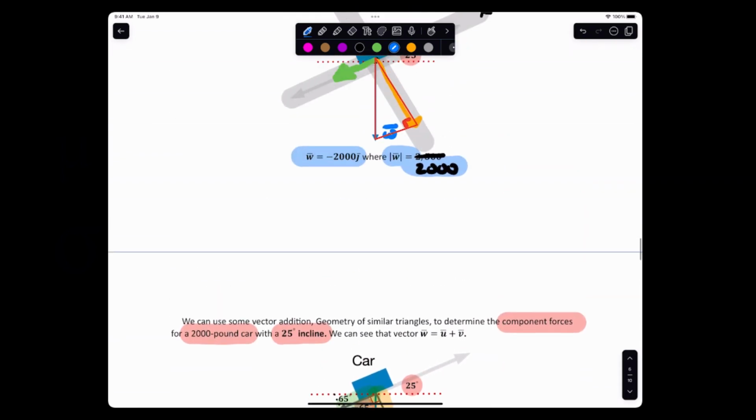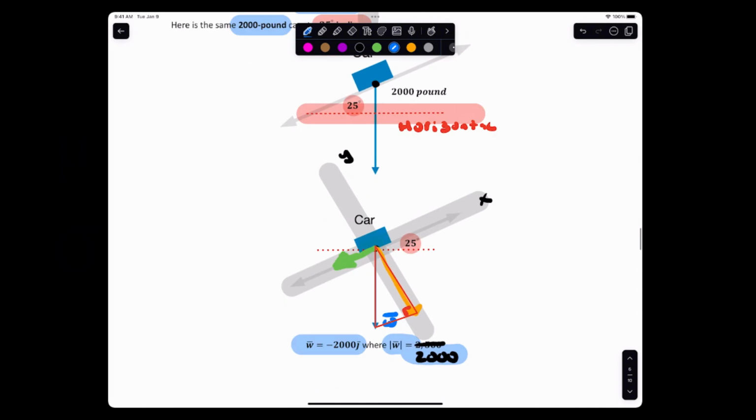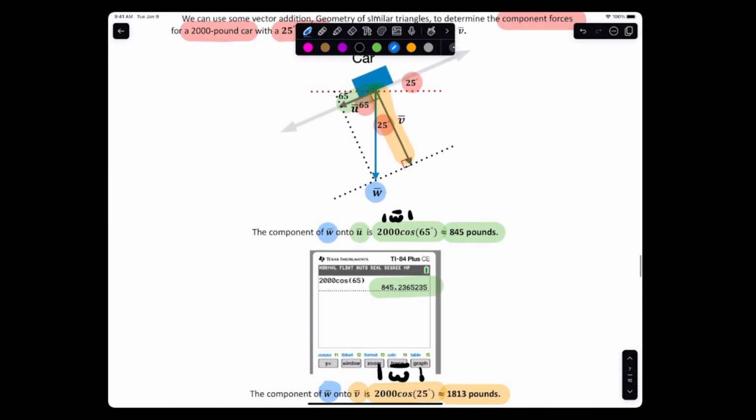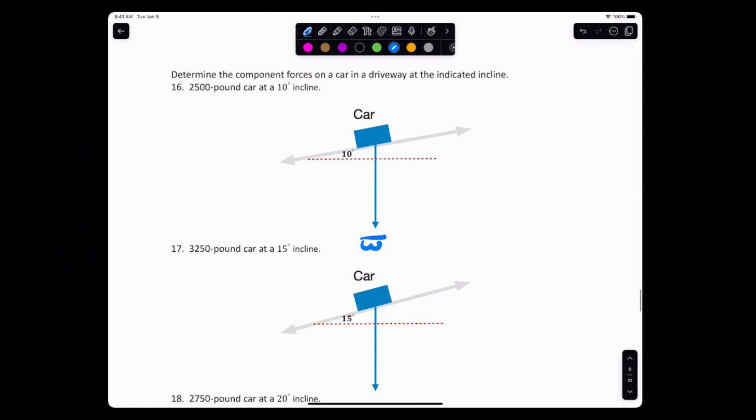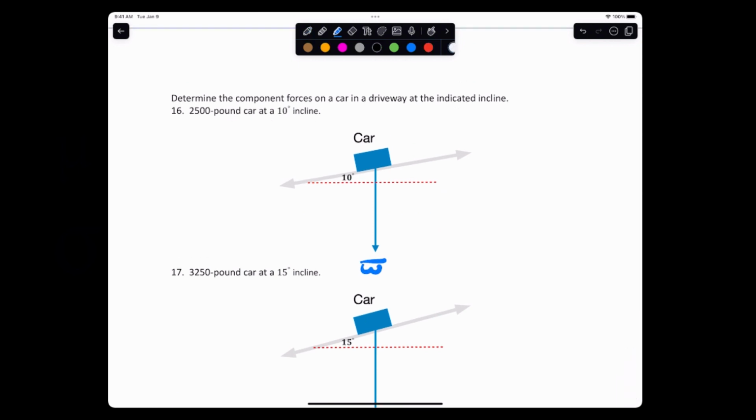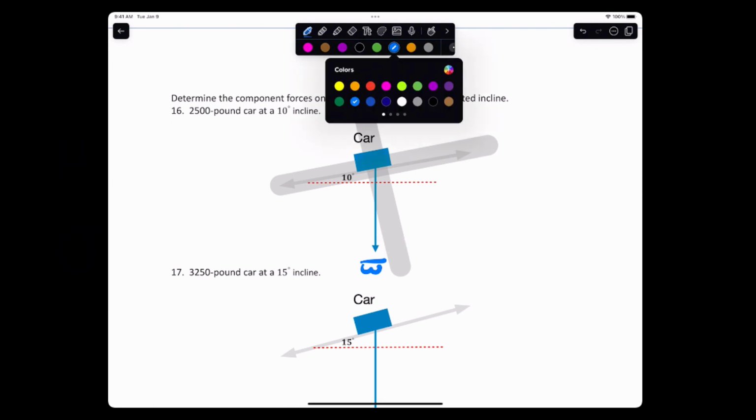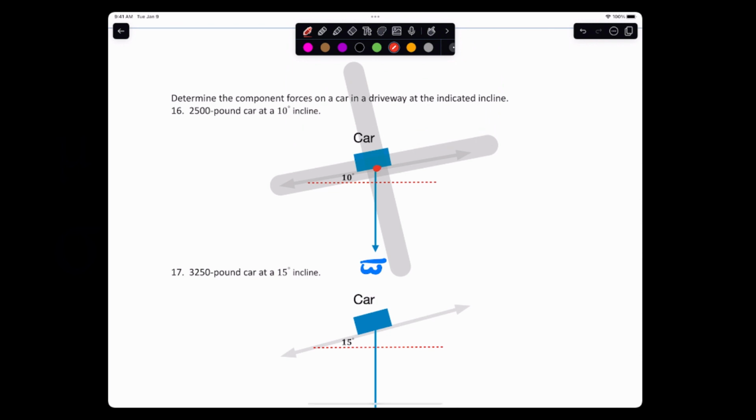Okay, and you go, is that exactly the same picture? Well, sort of. 10 degrees. And if we create that X and Y axis, maybe, I don't know if we should use a highlighter, you're going to get this triangle again.